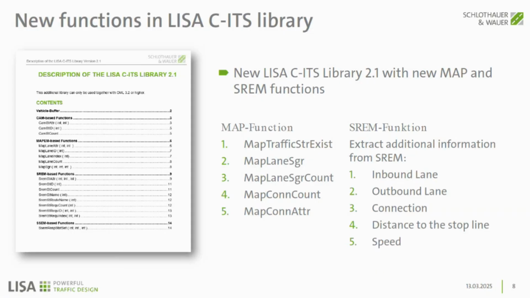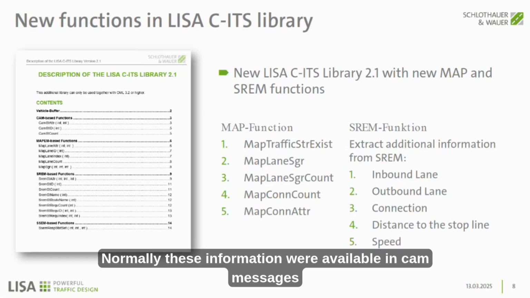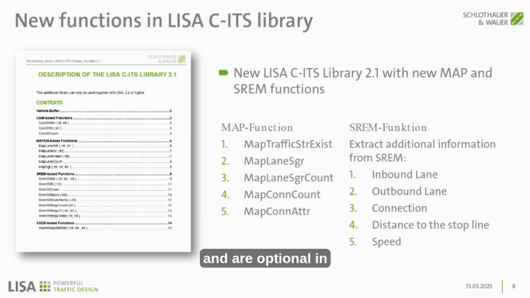Additionally, information such as vehicle speed and distance to stop line can now also be transmitted. Normally this information was available in CAM messages and is optional in SREM messages.